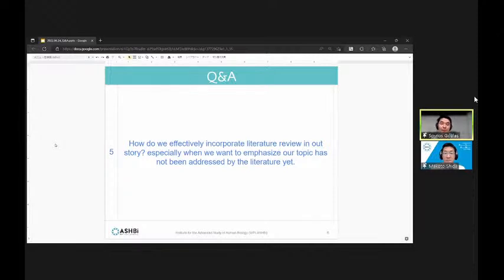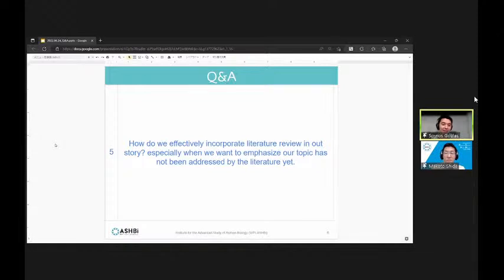Whereas in fields that are very saturated, where lots of papers already exist, no one really wants to see a review of the literature in an introduction, because that also suggests that there's very little that is left unknown, which makes it less appealing for an editor to consider the paper.